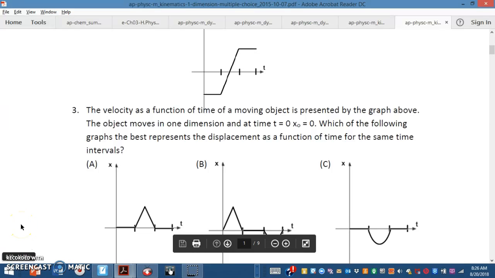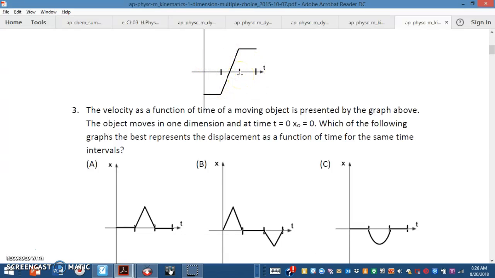Question number 3. Velocity as a function of time of a moving object is represented here. The object moves in one dimension, and at time t equals 0, the displacement is 0. Which of the following graphs best represents the displacement as a function of time? So let's see what this graph actually means first of all.